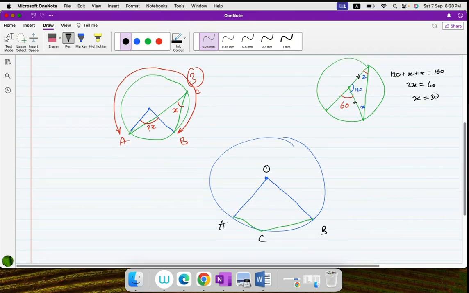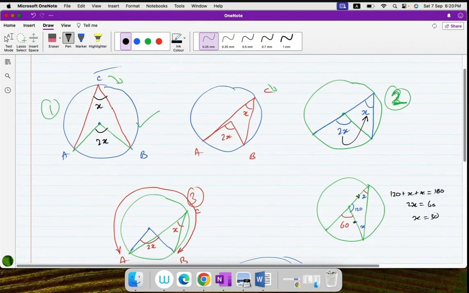But do not forget that if I say this is four-sided shape, A, C, B, O, x is actually inside the shape, 2x is outside the shape. See this 2x, that's outside that four-sided shape, this x is inside that four-sided shape.